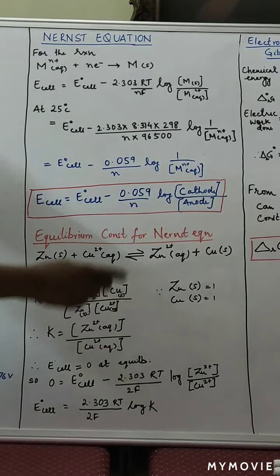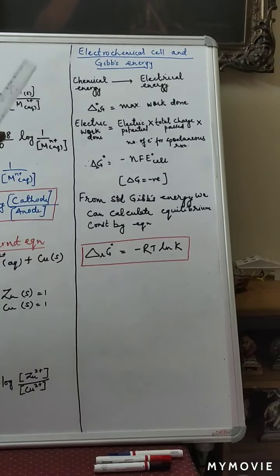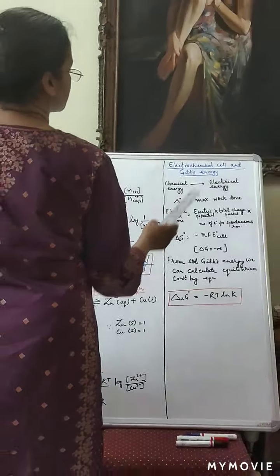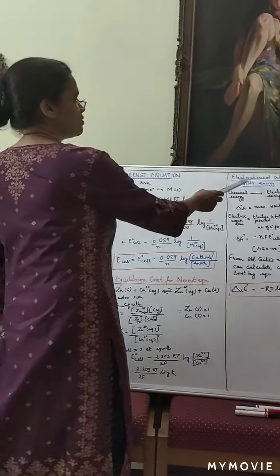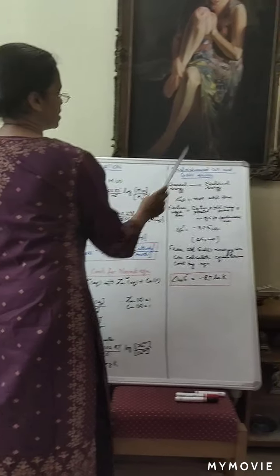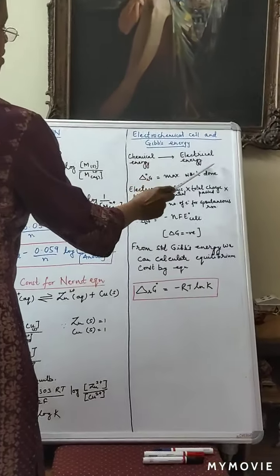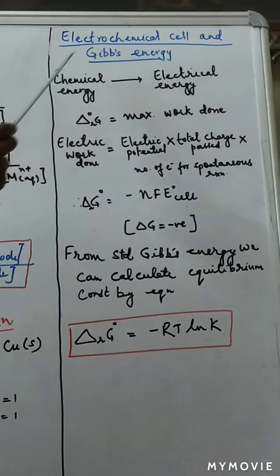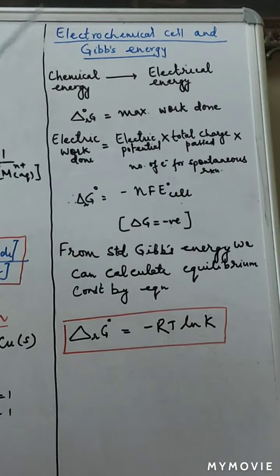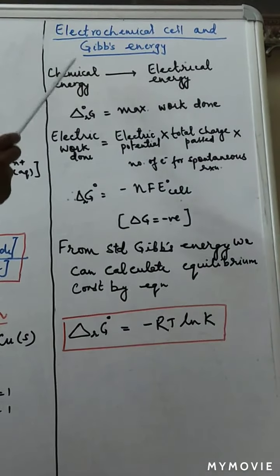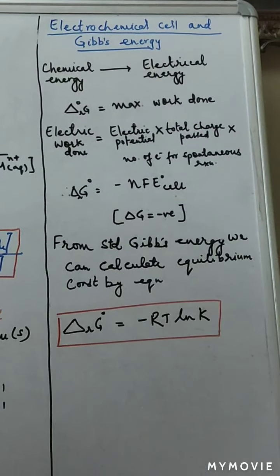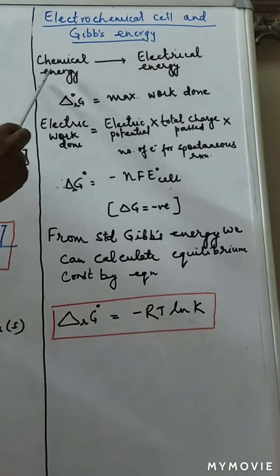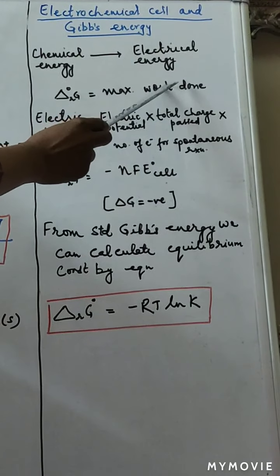We can understand here the relationship between the electrochemical cell and the Gibbs energy. We are aware that an electrochemical cell is a cell in which chemical energy is converted into electrical energy, and the chemical energy involved is a spontaneous reaction, and for all spontaneous reactions, the change in Gibbs free energy is always negative. In an electrochemical cell, the chemical energy is converted into electrical energy.